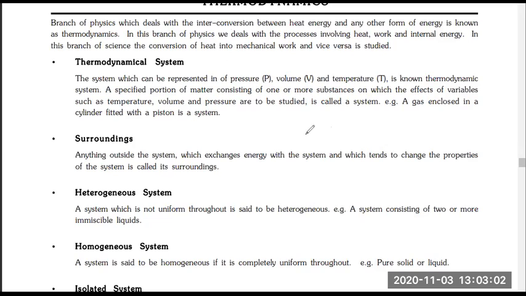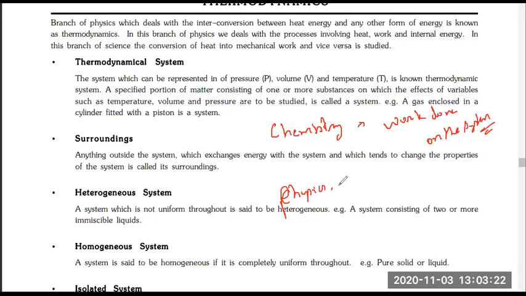There is no difference. The only difference is, when you talk about work done in chemistry, it was work done on the system. But in physics, we will take work done by the system.